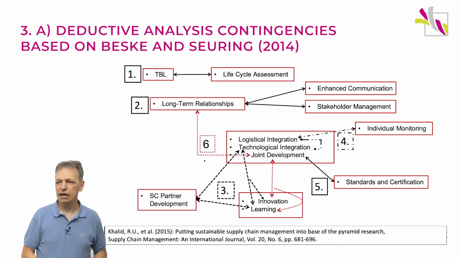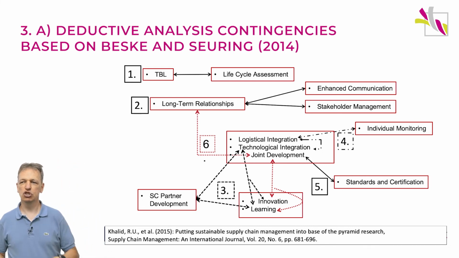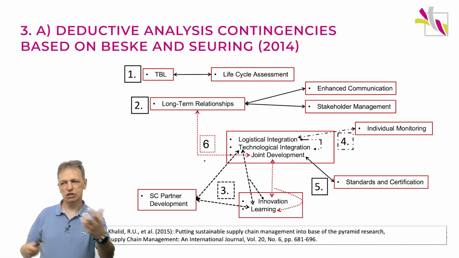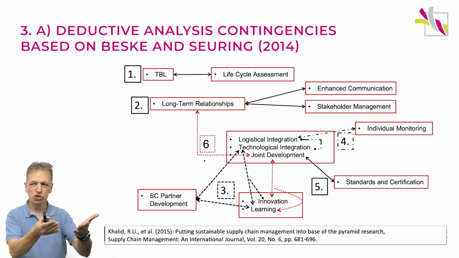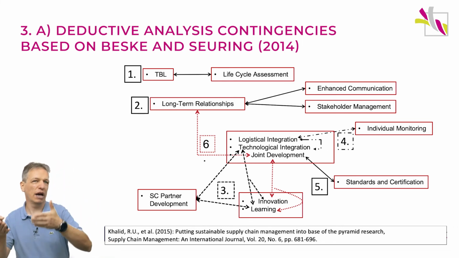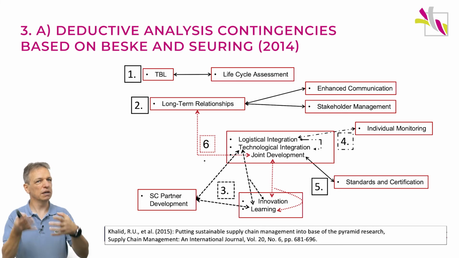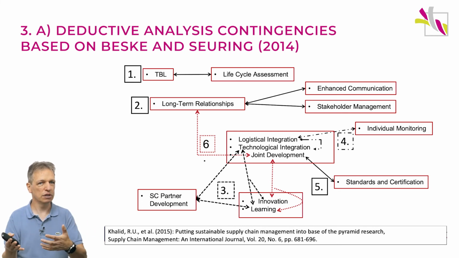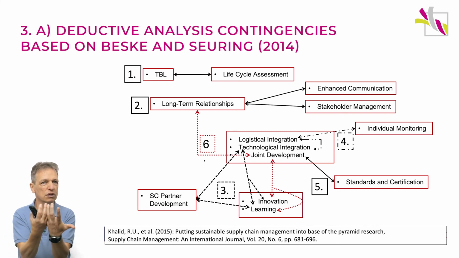Yeah? And last but not least, we see another link between joint relationships, long-term relationships, and joint development. If you invest into long-term relationships, then you have the chance to do joint development again for processes and products and drive this forward and develop this further.